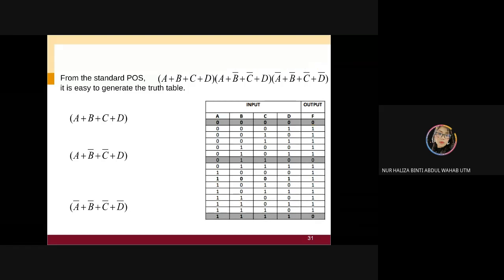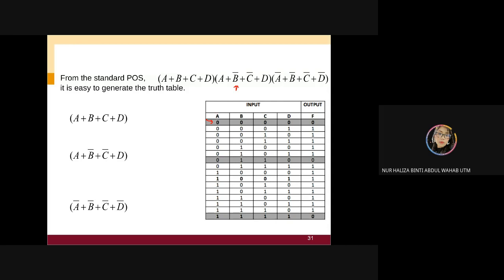Let's take a look if you apply the inputs 1 by 1. You're going to have A is 0 plus B is 0 plus C is 0 plus D is 0. You will get 0. Let's say I apply a similar input to term number 2.